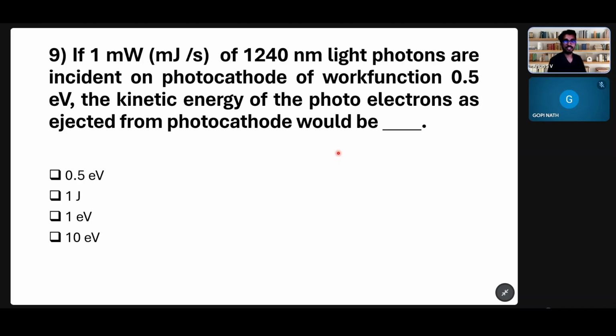So the kinetic energy will be the remaining energy from the light photons: 1 electron volt minus 0.5 electron volts, which is 0.5 electron volts. So your answer will be 0.5 electron volts. I'll go on to the next problem.